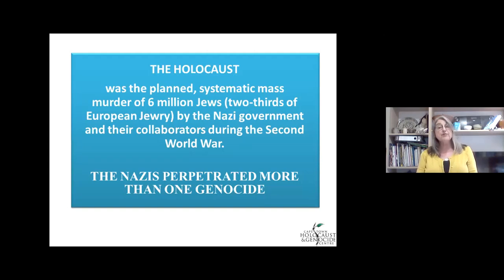They also perpetrated a genocide against the Roma and Sinti, which is termed by the Roma and Sinti the porajmos, and between 250,000 and 500,000 Roma and Sinti were murdered by the Nazis.